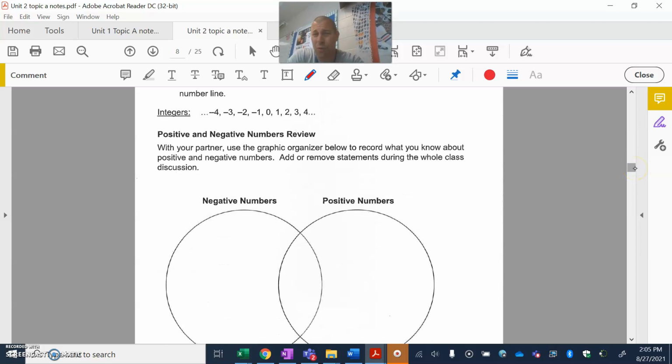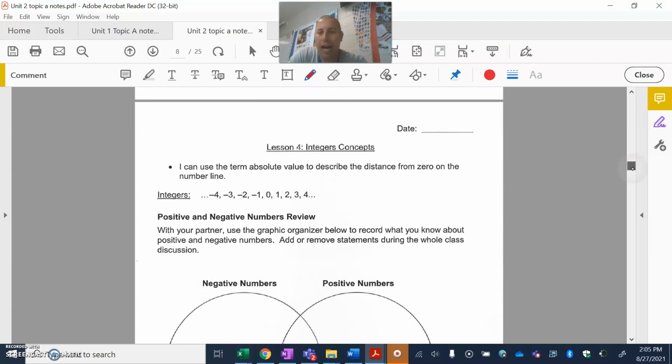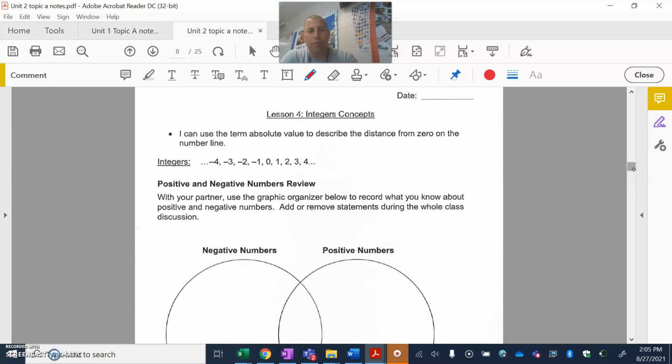Let's go into lesson 4 here, people. We're talking about, I can use the term absolute value. So absolute value actually shows up a lot throughout your mathematical careers. It is the distance from 0 on a number line. So it's one of those weird things where it's like, seriously, that's it?